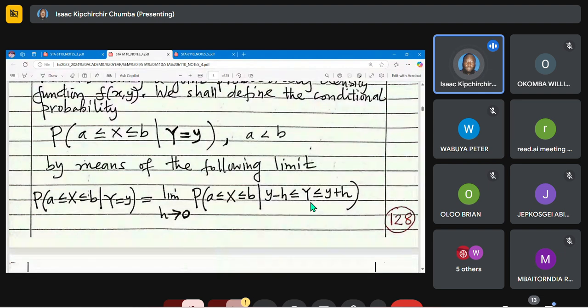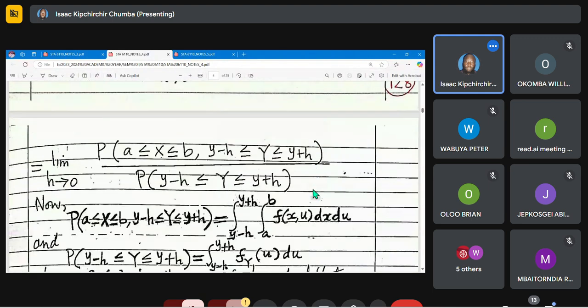When we find the limit as h tends to 0, the random variable y is converging to y. We now define that conditional probability using this limit, because as h tends to 0, y is sandwiched between y minus h and y plus h, and the random variable is converging to lowercase y. So we have things which are logical mathematically.